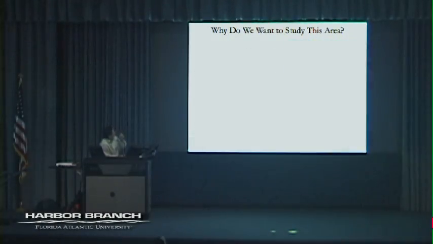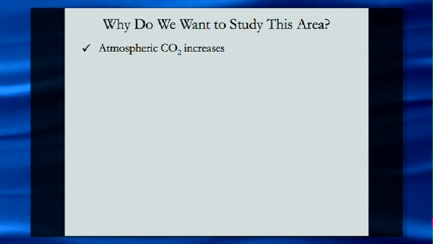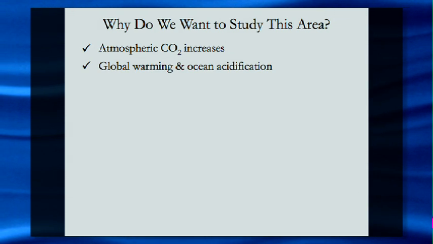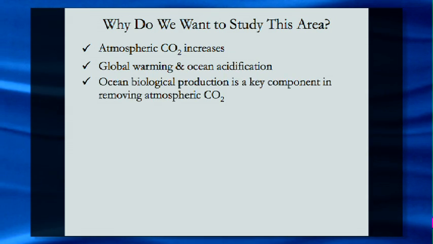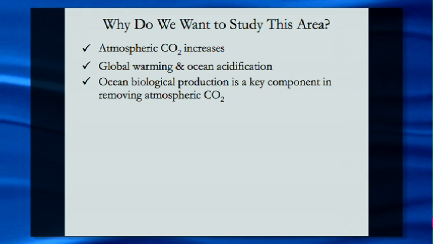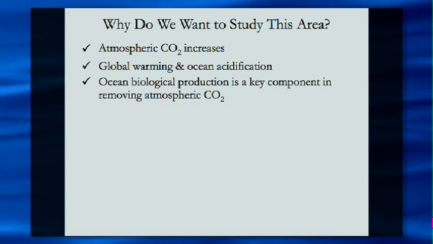Okay. All right. So now, because I have been walking through so many big topics, I want to summarize a little bit why we want to study this area. So first, we know atmospheric CO2 is increasing, and that has some consequences in terms of global warming and ocean acidification, among other things. And third, biological production in the ocean, that means phytoplankton growth, is one of the key components in removing atmospheric CO2.